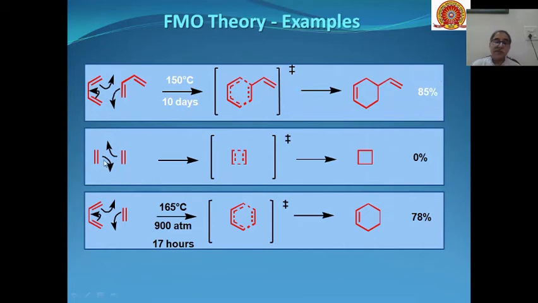Whereas if you are having two ethenes, then they do not undergo any reaction under these conditions. And if you are having butadiene and ethene at 165 degrees centigrade at 900 atmospheric pressure, in 17 hours, this is converted into this product in 78% yield.